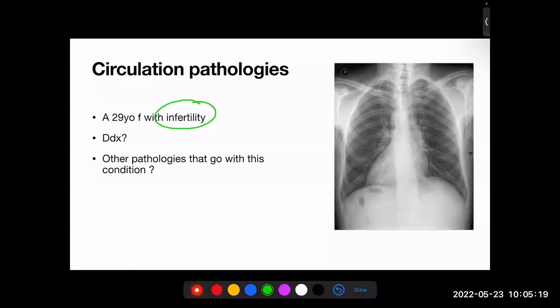What's the name? Kartagener syndrome. What are the other things in Kartagener? You can get situs inversus, although situs inversus is a thing on its own. You can get infertility. You can get bronchiectasis. You can get all those things.